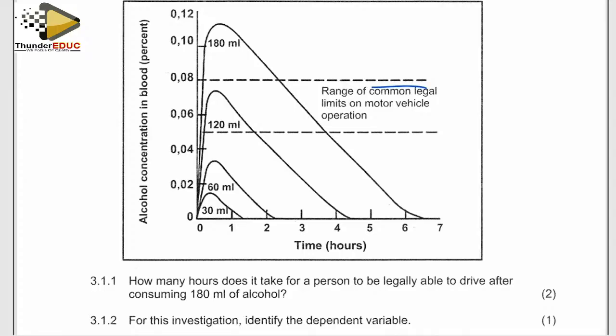This is the normal range, meaning that when this person drank here, it took him to reach this mark around maybe 2 hours 50 minutes, meaning 2.8 hours, something like that.